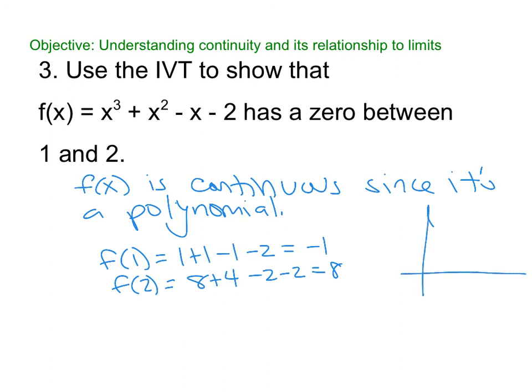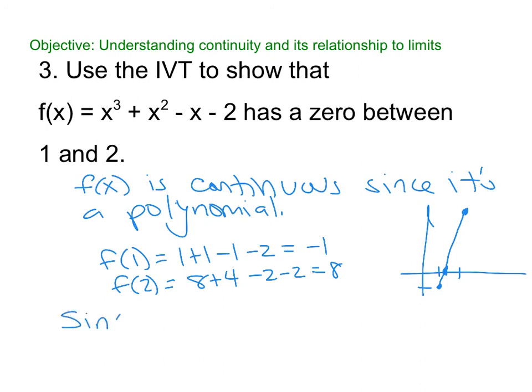If you think about it, this is a polynomial. So we know the point (1, -1) is on the graph, and we know the point (2, 8) is on the graph. To connect these, since this is continuous, we have to go through 0. There's got to be a point there. There's no way to just skip over y equals 0. It's impossible.